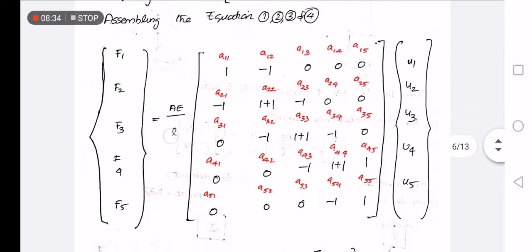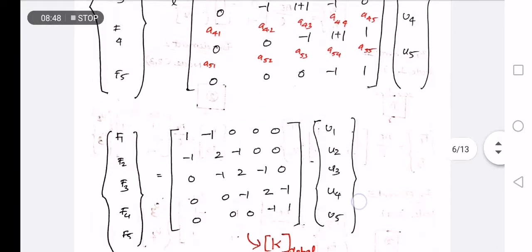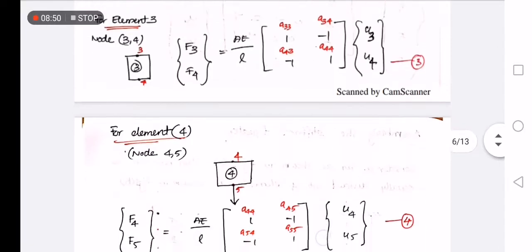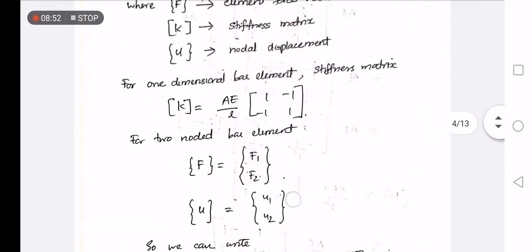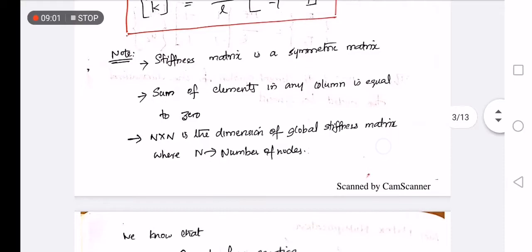So we will get the global stiffness matrix. Assembling the equation, we will get the global stiffness matrix equation. So that is K, the global stiffness matrix, K global. And now let me remind you something. n into n is the dimension of the global stiffness matrix, where n equals number of nodes.